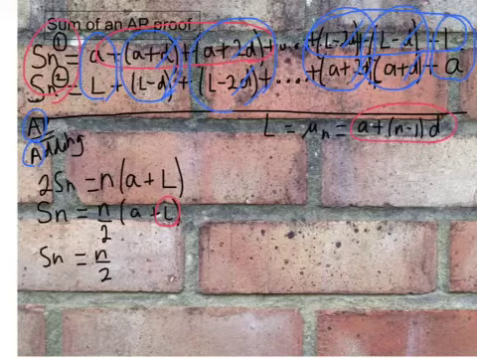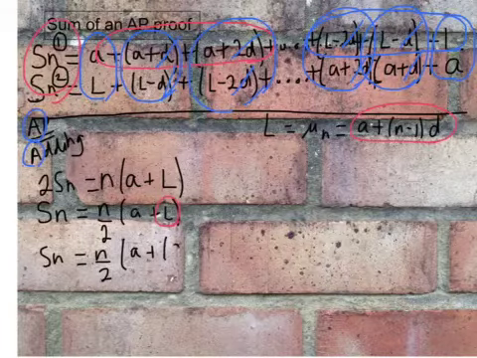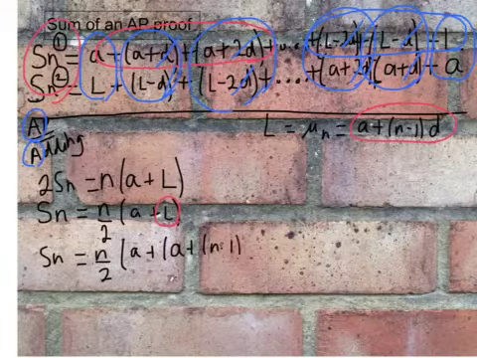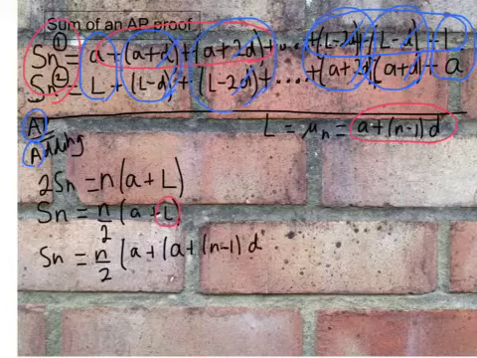So the sum is n over 2, a plus n minus 1, sorry, n minus 1, d.